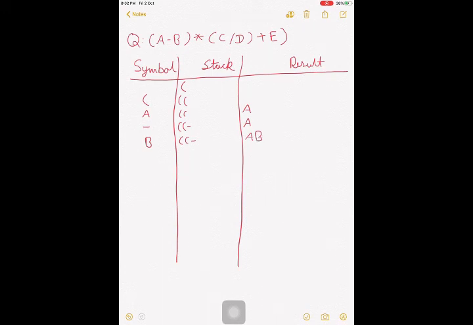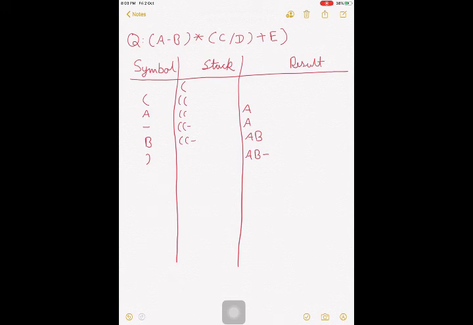Then we have a closing bracket. The rule for a closing bracket is whenever a closing bracket is encountered, pop all the operators from the stack to the result, and when you get an opening bracket, discard both the brackets. So this minus sign will move to the result and the bracket will be discarded. Both the brackets will be discarded.